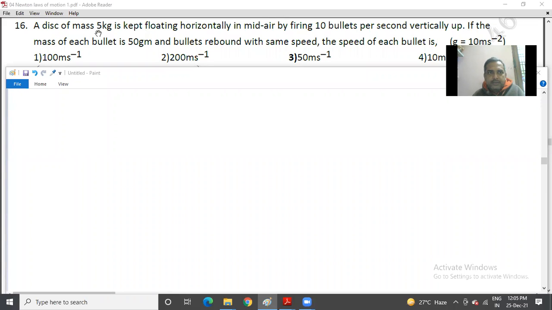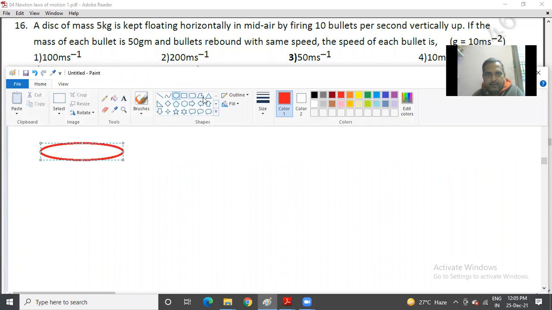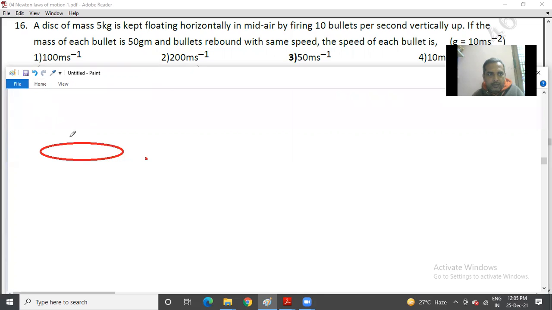A disc of mass M is kept floating horizontally in mid-air by firing 10 bullets per second vertically up. The mass of each bullet is 50 grams and the bullets rebound with the same speed. What we need to find out is the speed of each bullet. Just imagine it like this. This is the disc. It is floating in air by firing bullets in the upward direction.